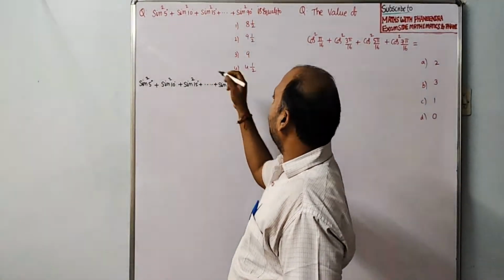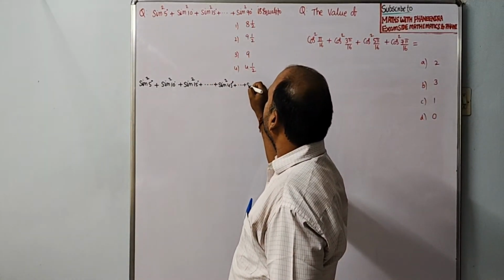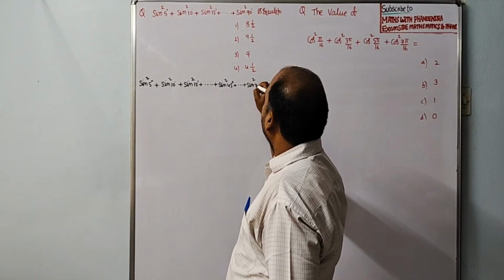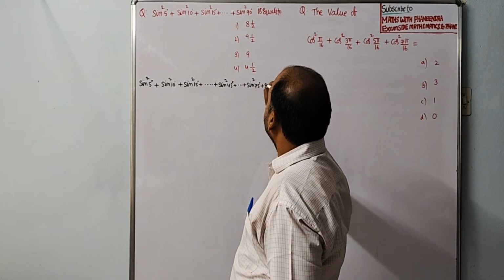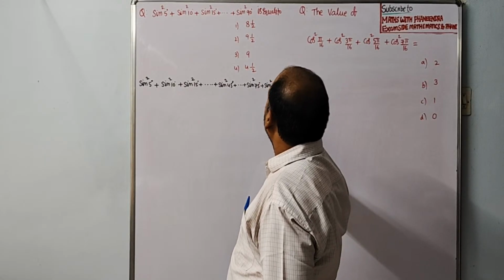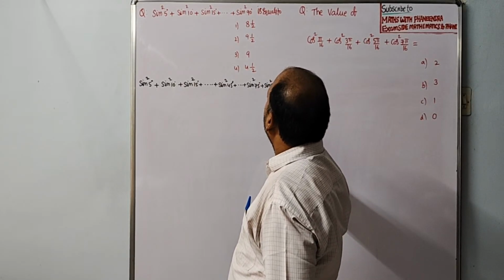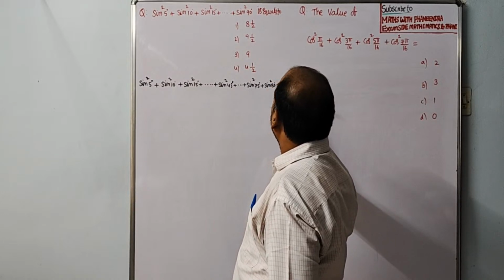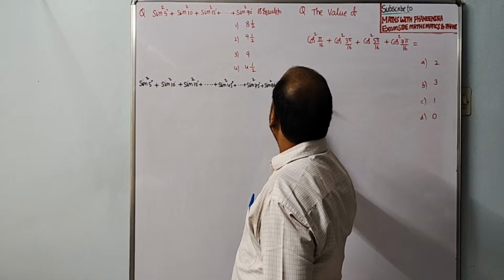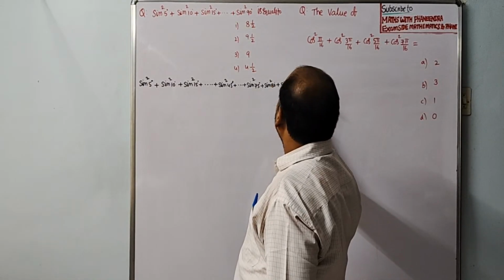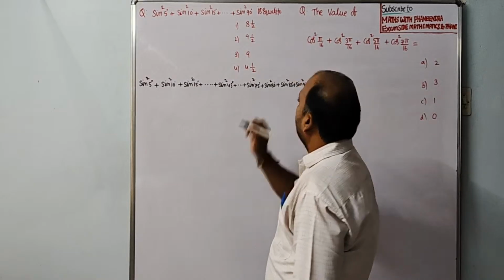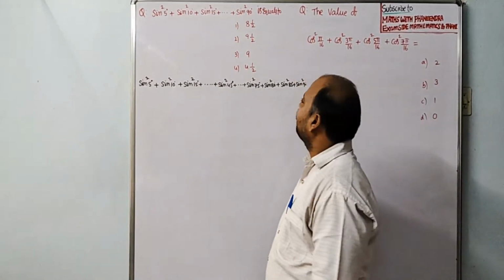Before 90 also we can write it: plus sine square 75 degrees, sine square 80 degrees plus sine square 85 degrees plus sine square 90 degrees. I hope you understand this, students.